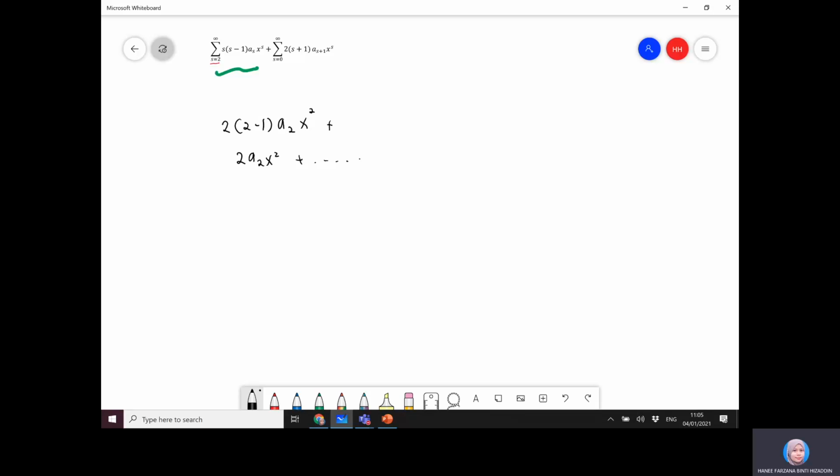But what if you start this series from s equals 0? So you have 0 times 0 minus 1 times a0 x to the 0. Everything here will become 0, because 0 times anything is just 0. And then plus, what if you put s equals 1? Because when you start at 0, then you have 0, 1, 2, and so on. So when s equals 1, you have 1 times 1 minus 1, a1, and x to the 1.